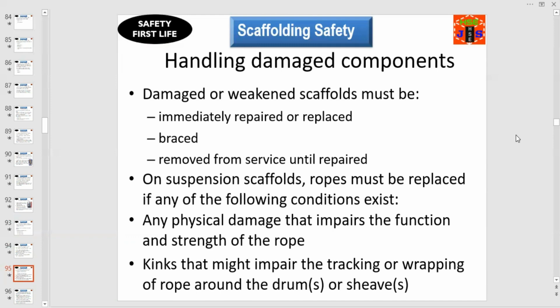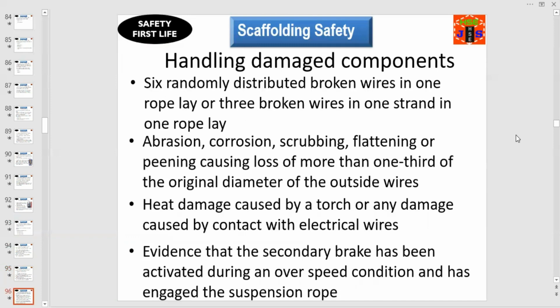Kinks that might impair the tracking or wrapping of rope around the drum or sheave. Six randomly distributed broken wires in one rope lay or 3 broken wires in one strand in one rope lay. Abrasion, corrosion, scrubbing, flattening, or peening causing loss of more than 1/3 of the original diameter of the outside wires.